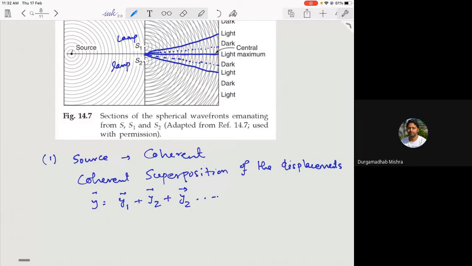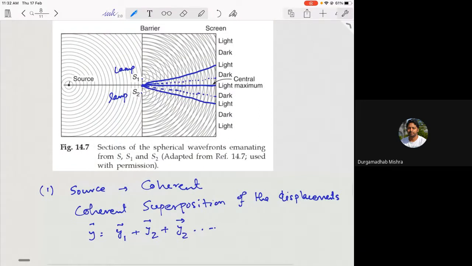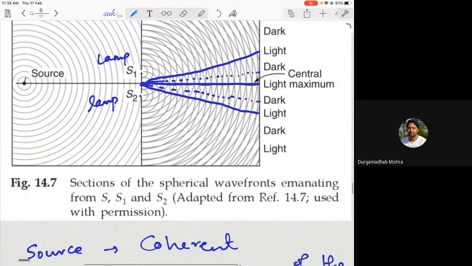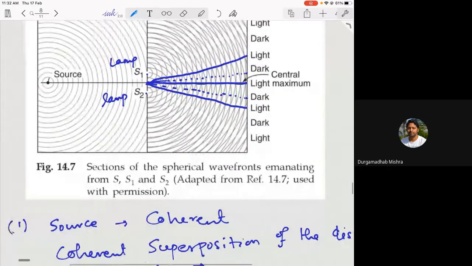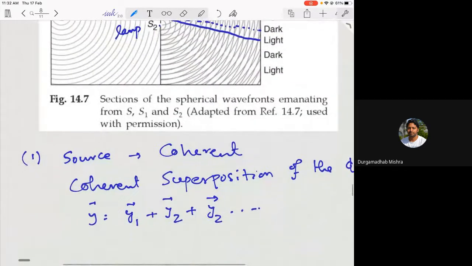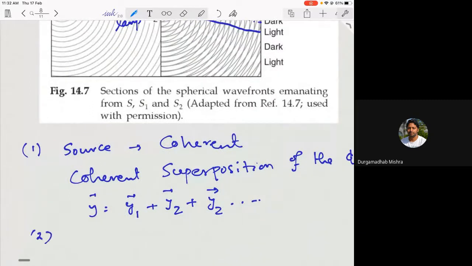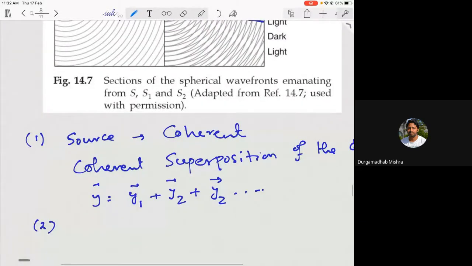Another interesting thing which happens when this experiment is performed is that a single wavefront splits, or divides, into two new waves. This is known as division of wavefront.